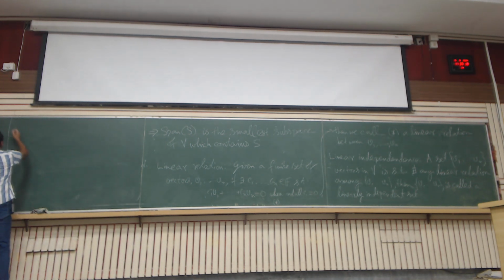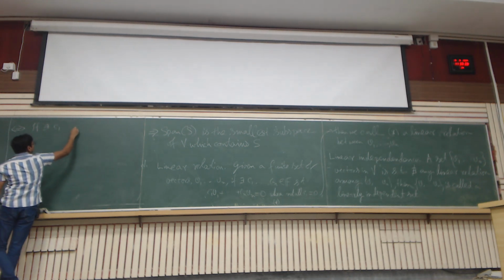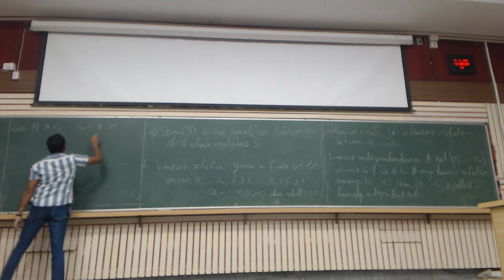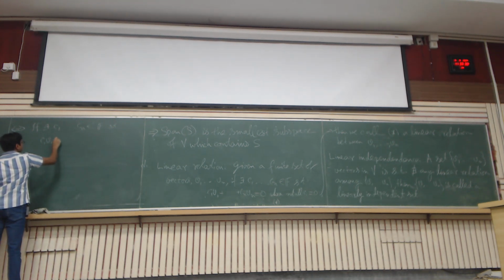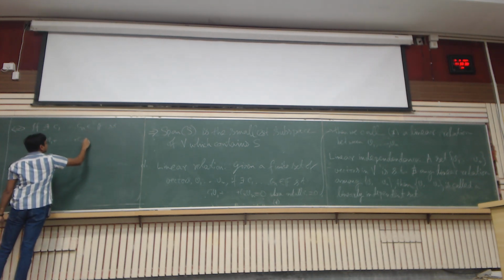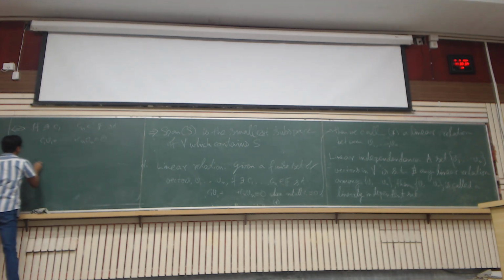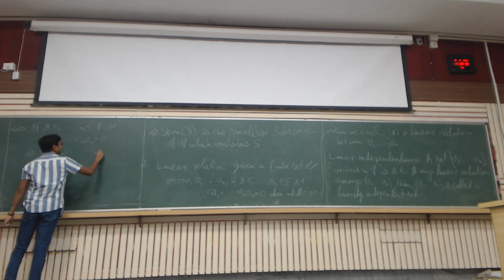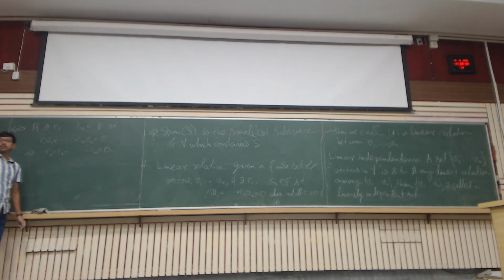So this is if and only if: if there exist C1 to Cn in F such that C1 V1 plus ... plus Cn Vn equal to 0, that implies C1 equal to C2 equal to everything has to be 0.